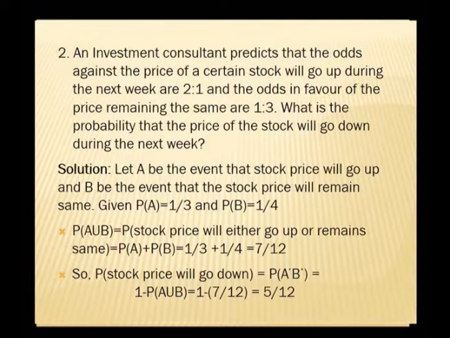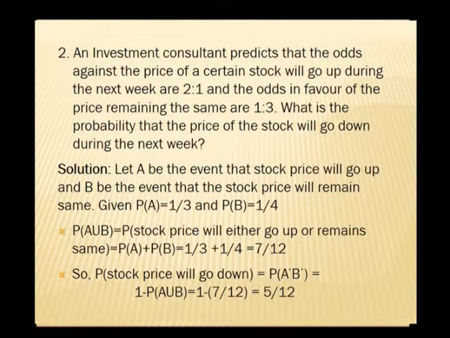Now, P of A union B means the probability that the stock price will either go up or remain the same. Since both of them are mutually exclusive, their union is P of A plus P of B, and P of A is 1 by 3, P of B is 1 by 4. Once you take LCM, we get 7 by 12.